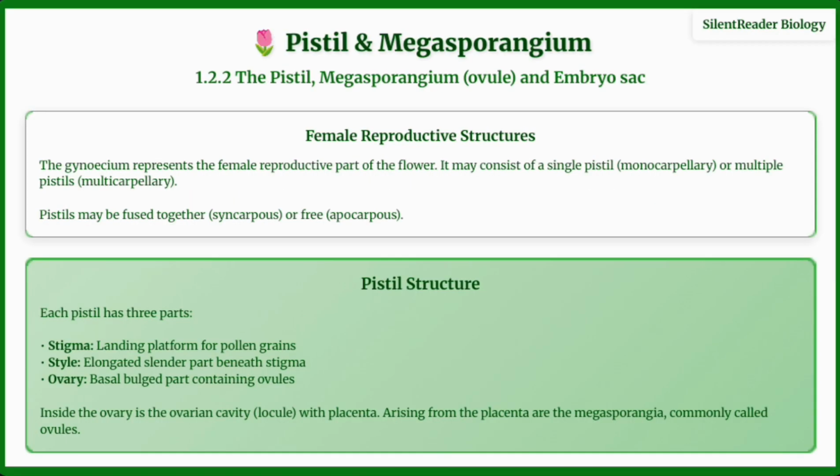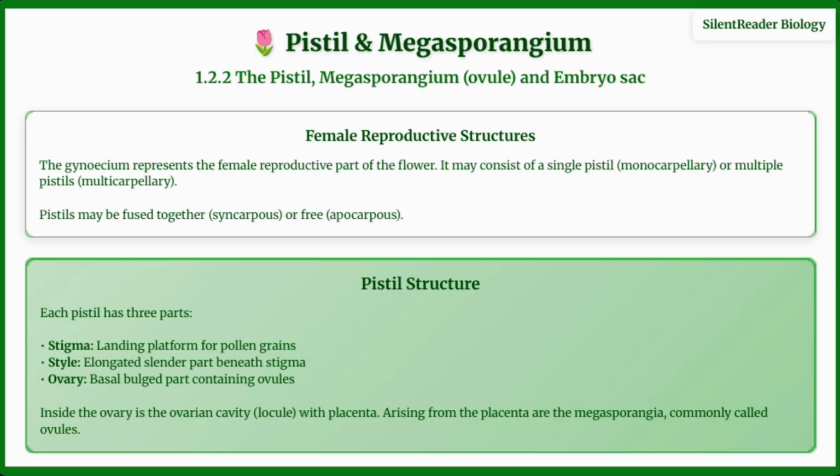Now let's examine the female reproductive structures, the pistil, megasporangium, and embryo sac. The gynoecium represents the female reproductive part of the flower and may consist of a single pistil or multiple pistils. When there are multiple pistils, they may be fused together or remain free.